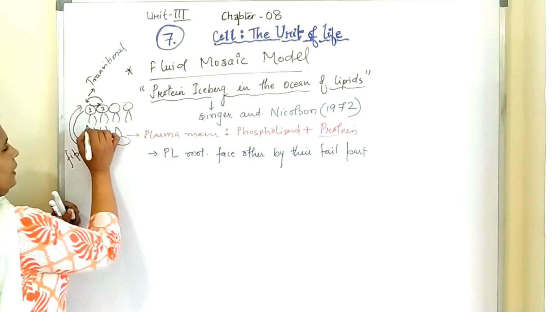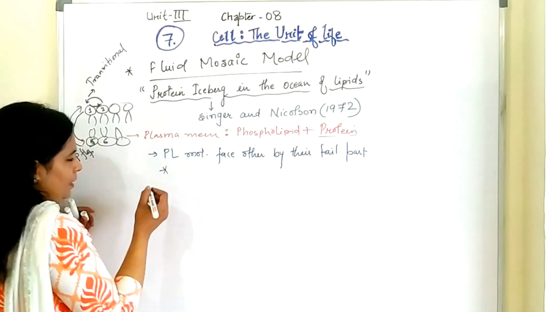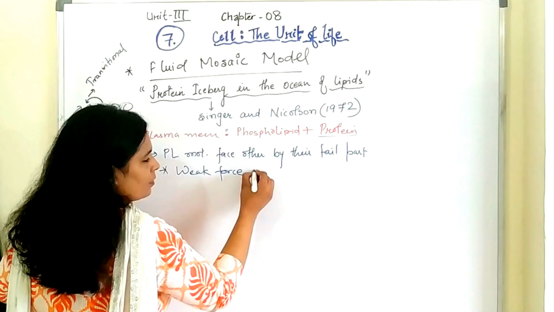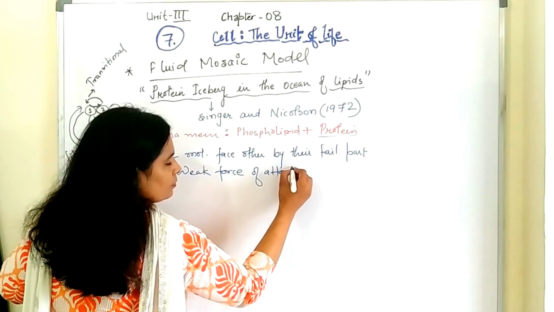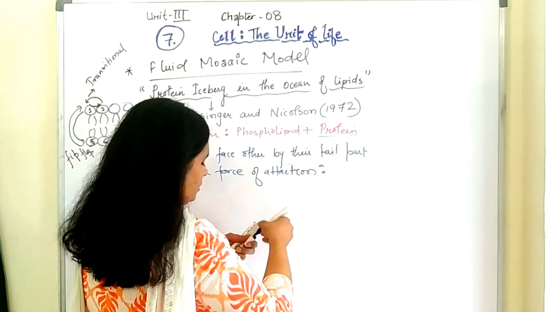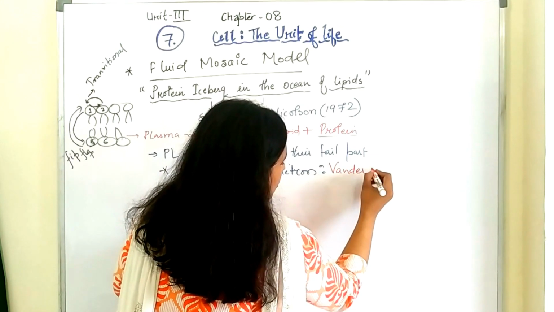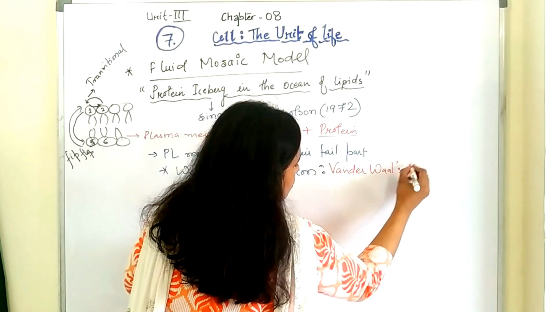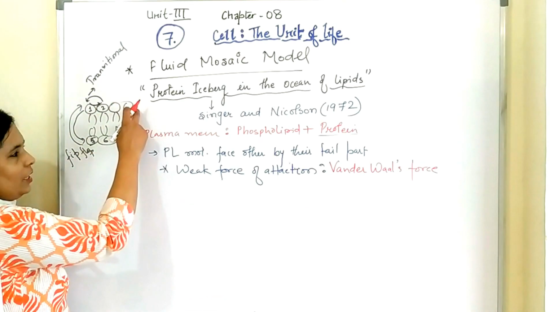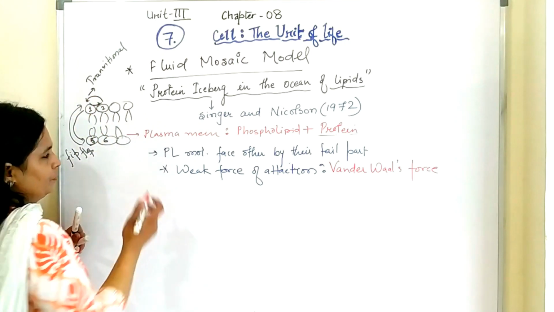See, the tails are facing each other and there is a weak force of attraction called van der Waals force, which attracts each other and is present between the two tails of the lipid bilayer.